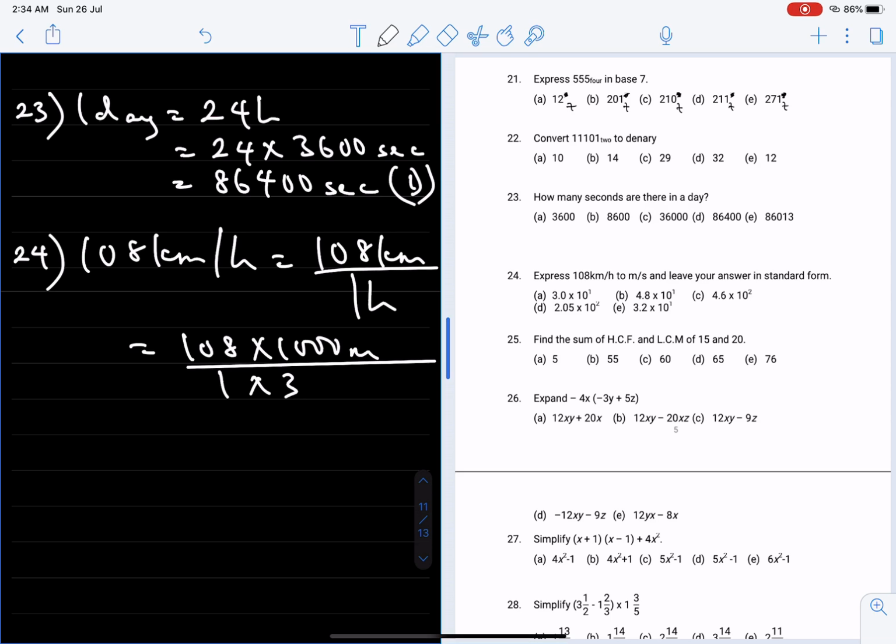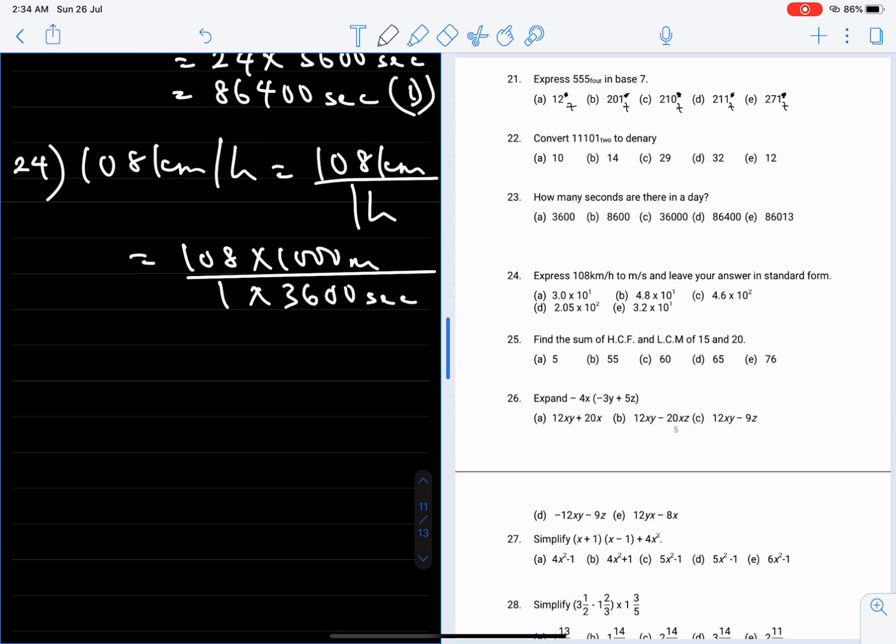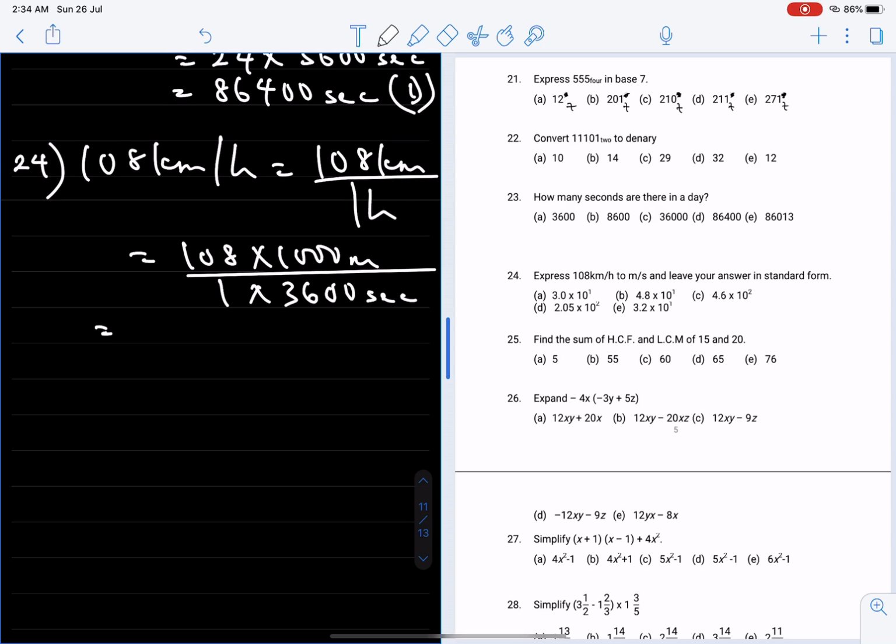We change this to seconds. To change hour to second, you multiply it by 3,600. And that simply means 0 cancels 0, 0 cancels 0. And then we have 36 here, 1, 36 here. That's 3. And the answer is 30 meters per second.